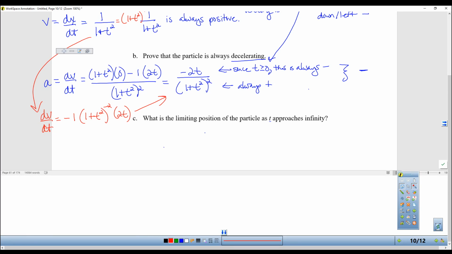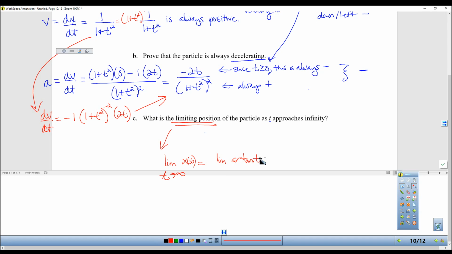Okay, last part. What is the limiting position? When you see this, you need to be thinking, what is the limit as x, or in this case t, approaches infinity of, I guess they called it x, not s, which I'm actually going to put the formula in there.